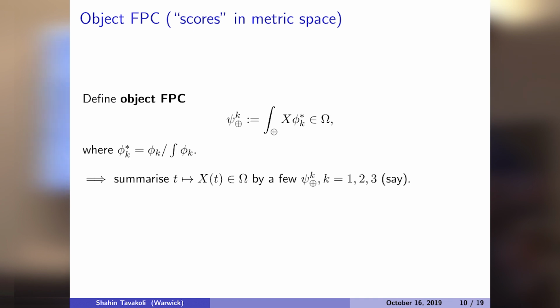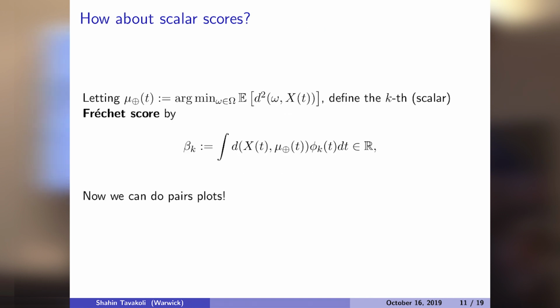It's nice because instead of every observation being a curve, every observation is just a couple of objects in your metric space. If you want to do pair plots, you can compute Fréchet scores, and this gives you numbers, and now you can do pair plots.